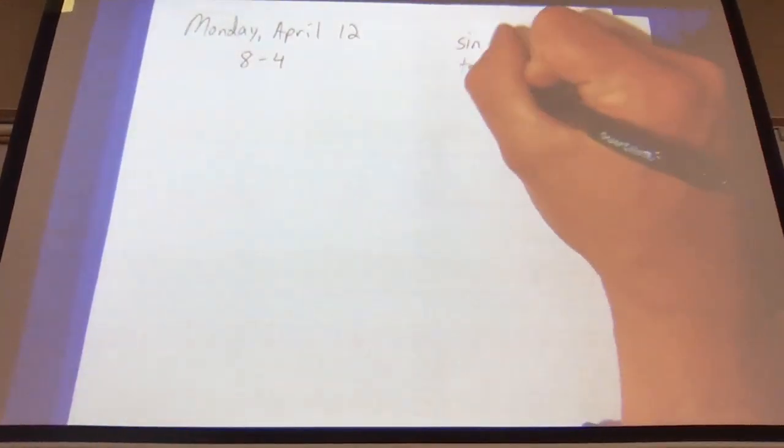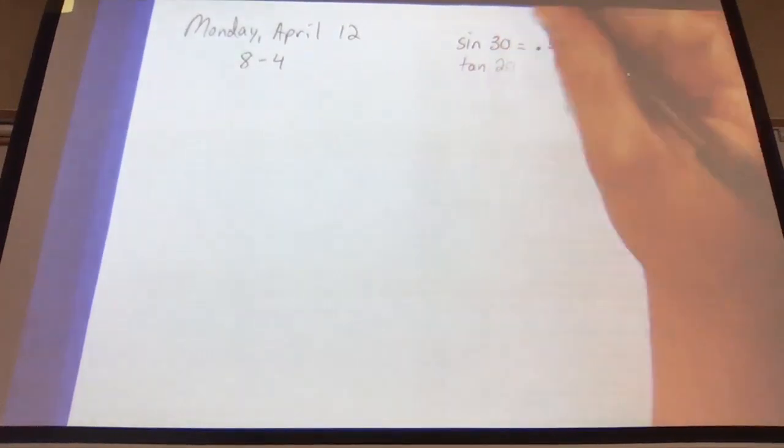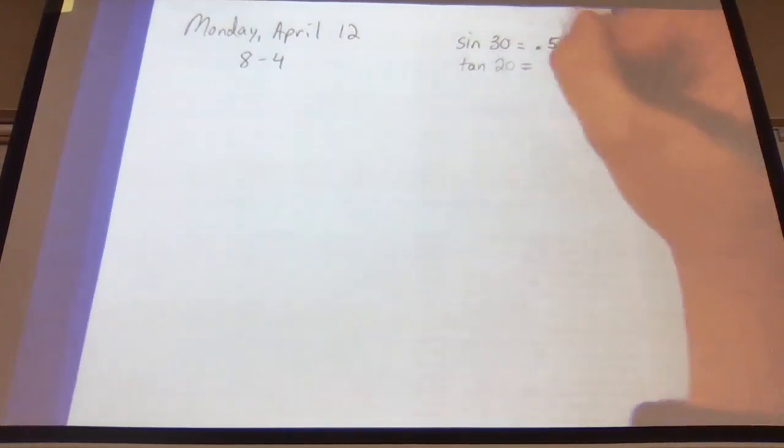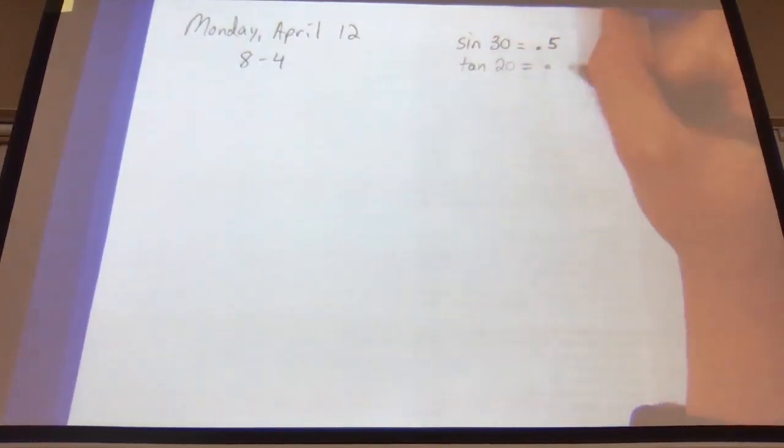And just for something different, let's do the tangent of 20. Tangent of 20, I'm losing my pen here.